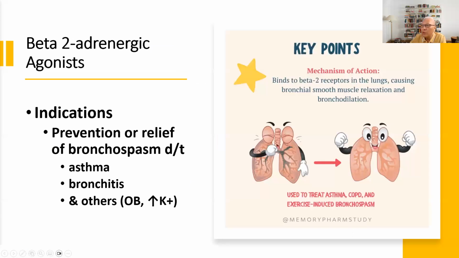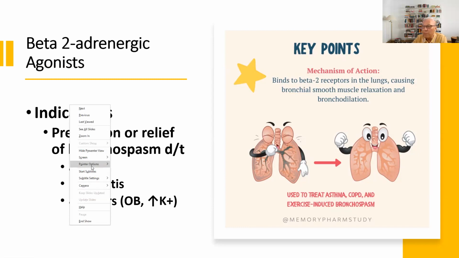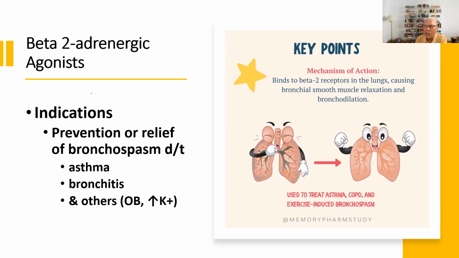All right, so I think we already talked about the mode of action of beta-2 agonists. Their indications are to prevent or relieve bronchospasm associated with asthma, bronchitis, or others. And so I just wanted to talk a little bit about these others. Now, one of the main uses of beta-2 adrenergic agonists would be in obstetrics. It is a tocolytic agent.